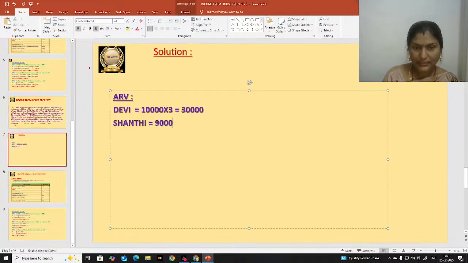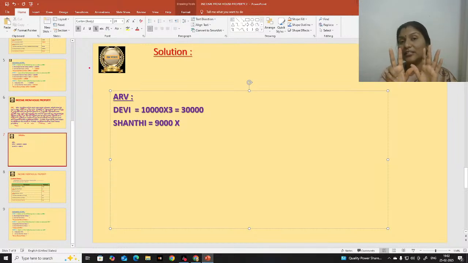For 1 month it is 9,000 into how many months rent she received? August, September, October, November, December 2023. But our previous year ends on 31st March 2024. So we can calculate January, February, March. Total 8 months rent our assessee is receiving from Shanti.